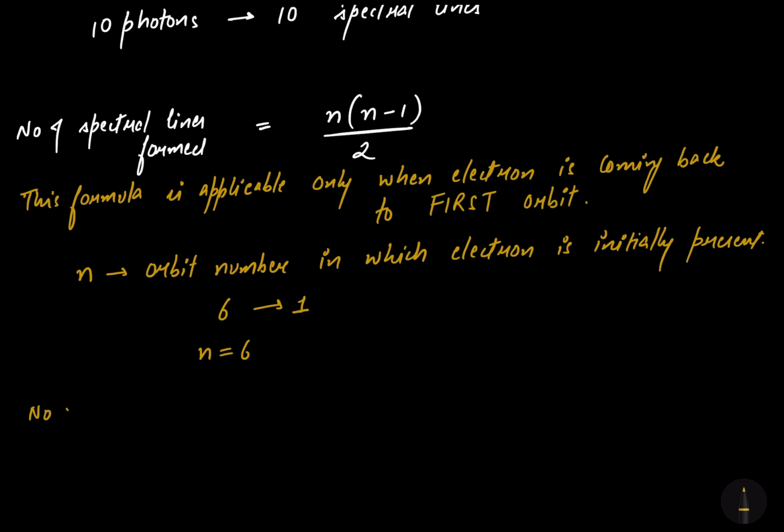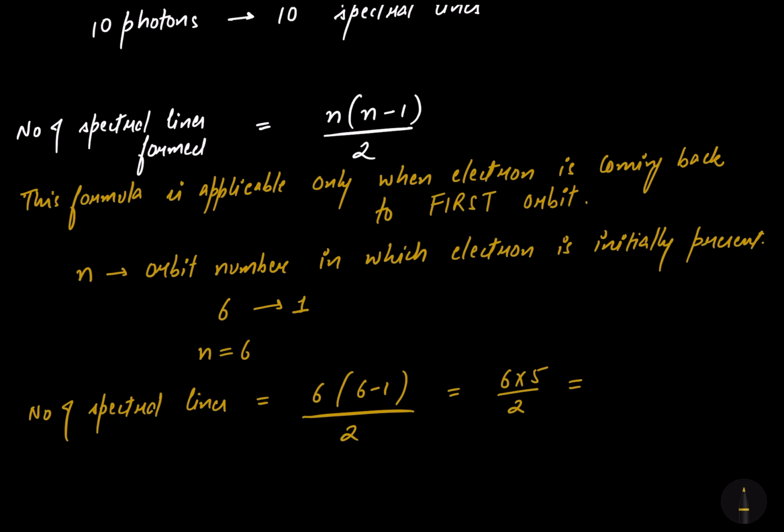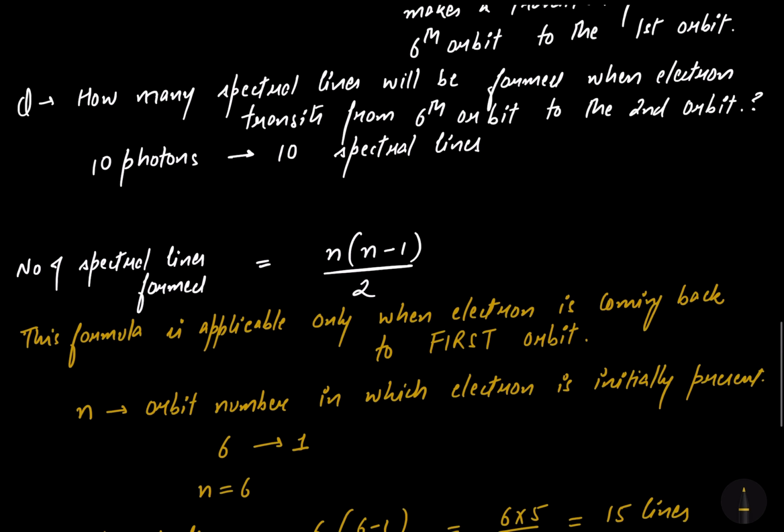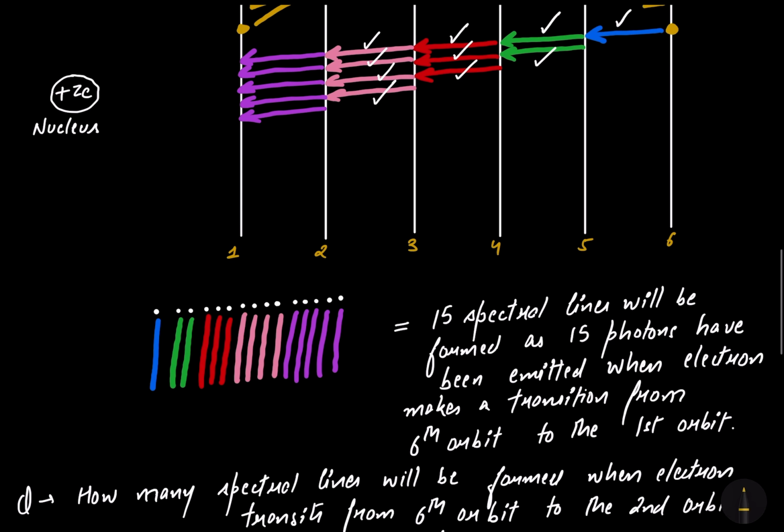The number of spectral lines will be equal to 6 into 6 minus 1 divided by 2. This comes out to be 6 into 5 divided by 2. That comes out to be 15 lines. Same way, here I have calculated the number of photons to be 15.